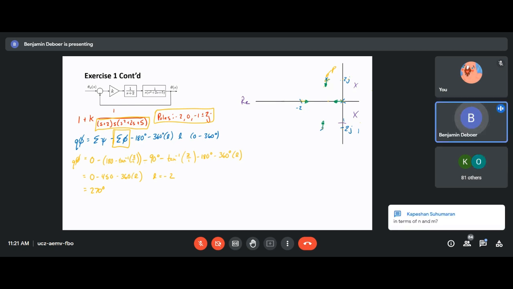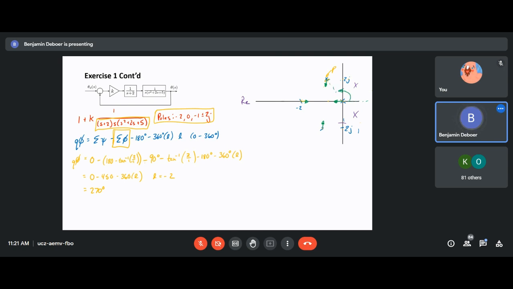Okay, so in this case here, when we look at the departure angle from a complex pole, we're looking at the angle from all the other poles to this pole, right? So the angle from this pole to here. And then next we go the angle from this pole to here, and the angle from this pole to here.